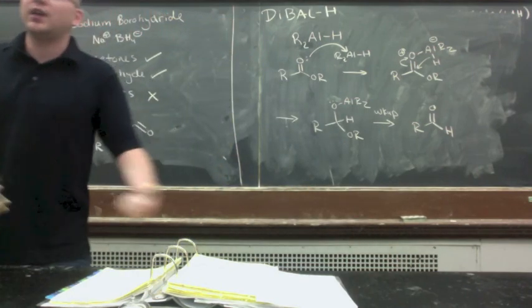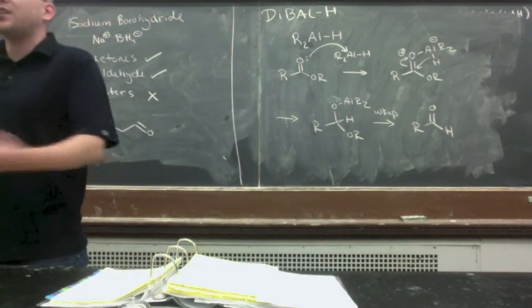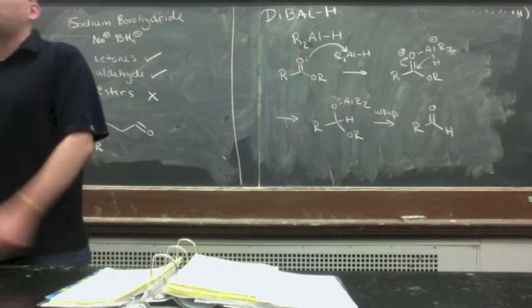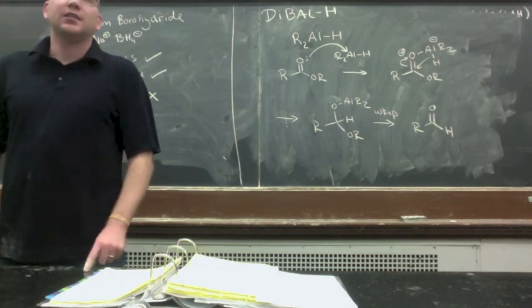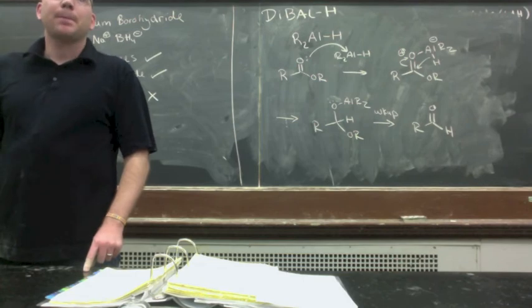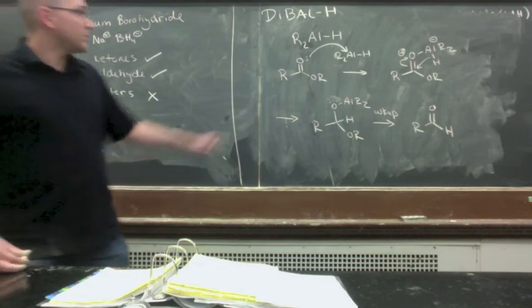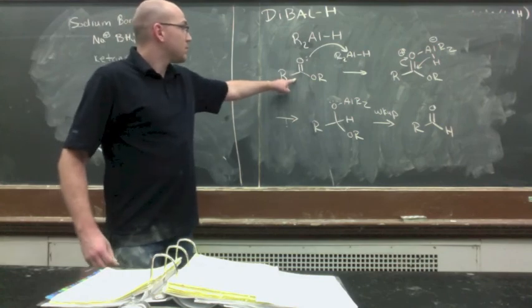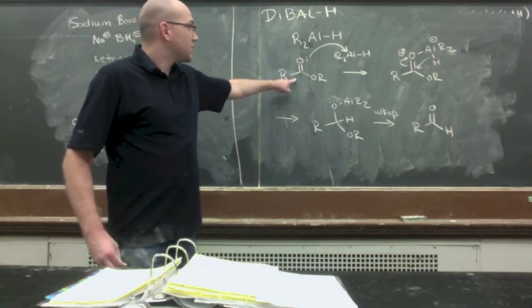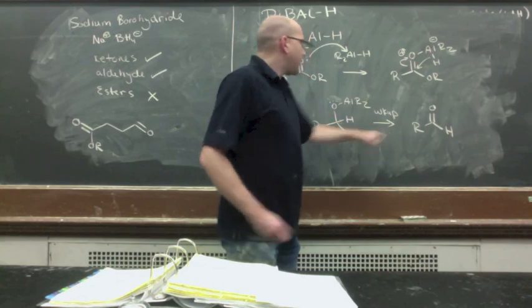We learned how to go all the way to the alcohol, and why it goes to the alcohol. Why not now show you how to just stop at that aldehyde? Yes? Is this two molecules, or just one? Did the molecule split into two? What do you mean? Oh, the workup, it's with water.